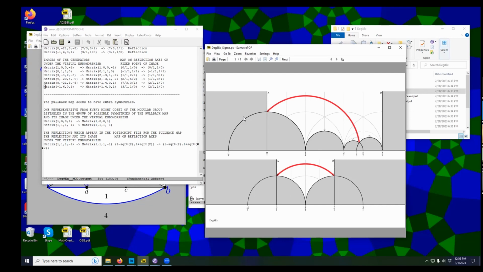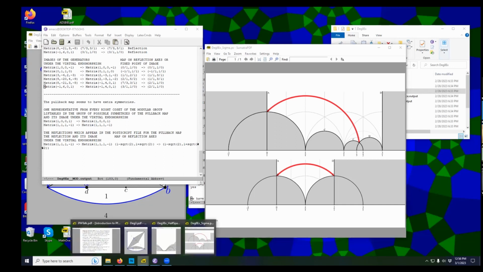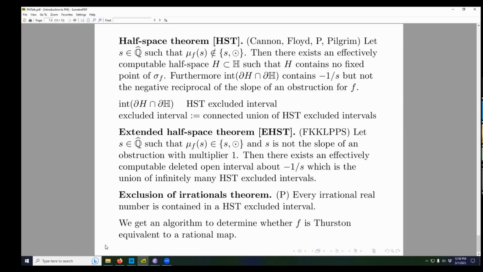Well, can we go back to one of the slides that you showed in the very beginning? There was a theorem that related to, here. Right, so your extended half-space theorem. Yes. If a slope is mapped to a non-slope, yes, this is one of the cases. How do you get any kind of information in this case? In terms of what the image is, there's none.